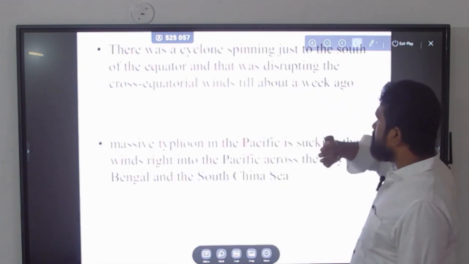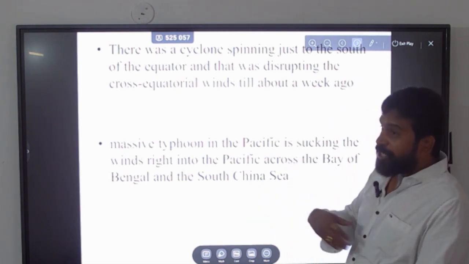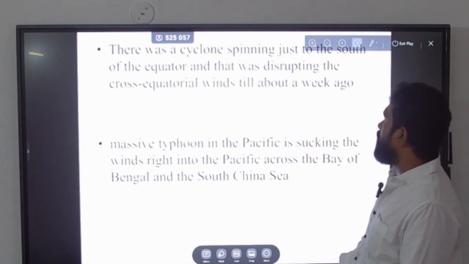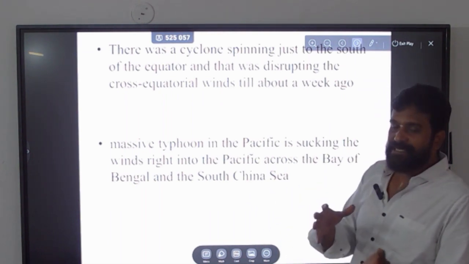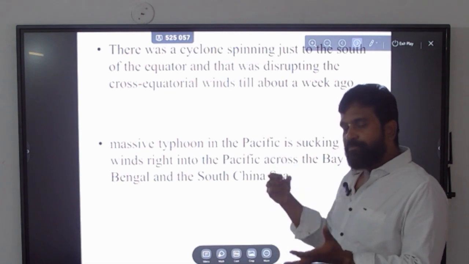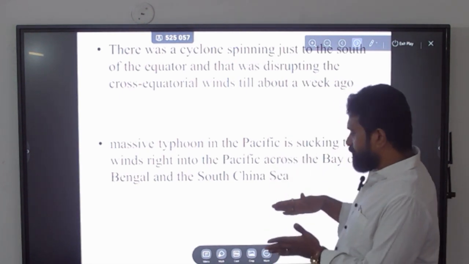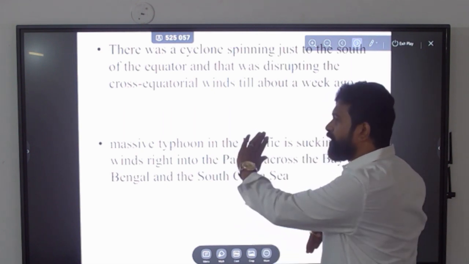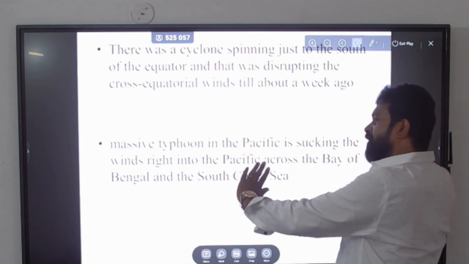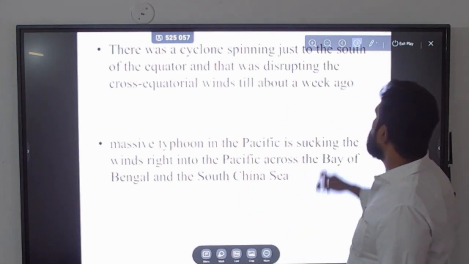So what happens is, when the cyclone is spinning in that place, a large number of winds are attracted by the cyclone. So the southwest monsoon which is coming from Australia to India, that wind is sucked by these kinds of cyclones, so that is the major problem which happened.